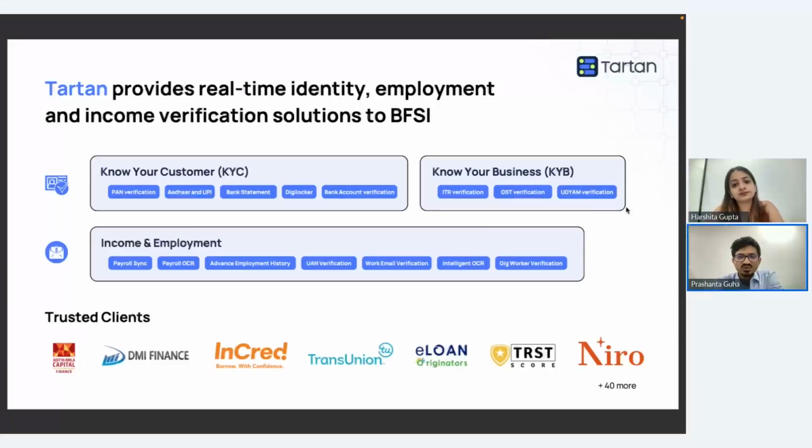Correct. So, to fetch any of these data, you definitely would require user consent. It could be a soft consent where you ask the user to check a box that you authorize, say, Tartan, to do background verification for you. At the other end, it could also be a hard consent where we send out an OTP to the user's mobile and they fill in that OTP and give an explicit consent.